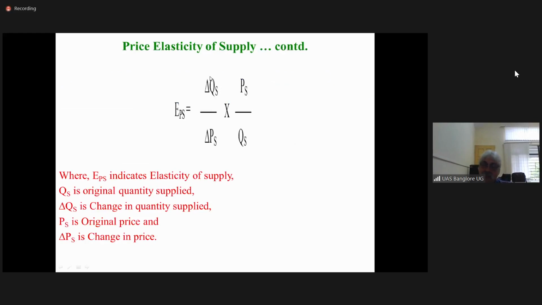So it is the same, delta Q by delta P into P by Q. Only addition here is S to denote supply, where EPS indicates elasticity of supply, QS is original quantity supplied, delta QS is the change in quantity supplied, PS is the original price, and delta PS is the change in price.